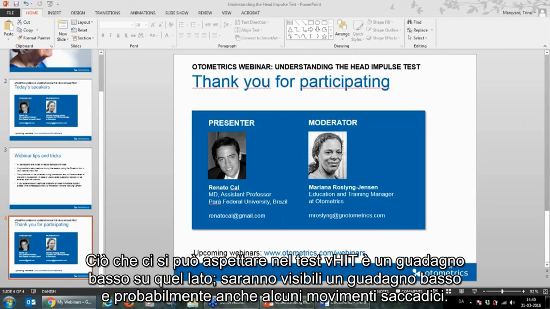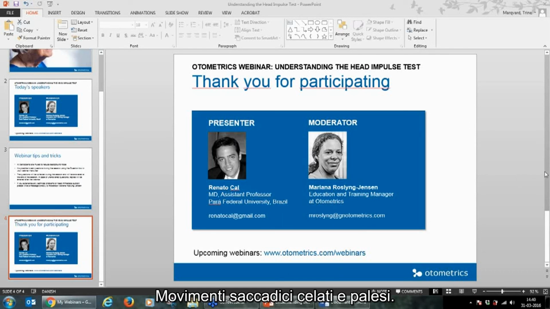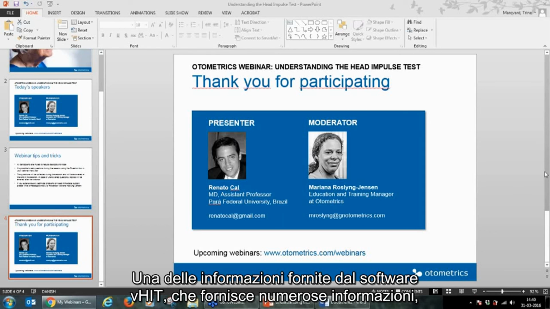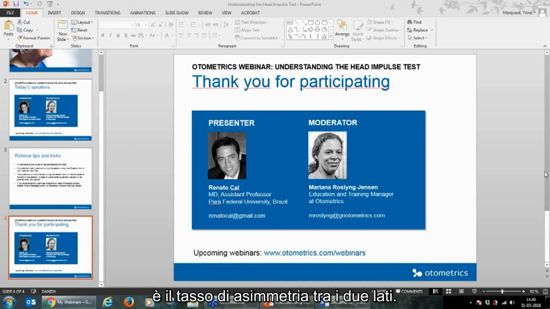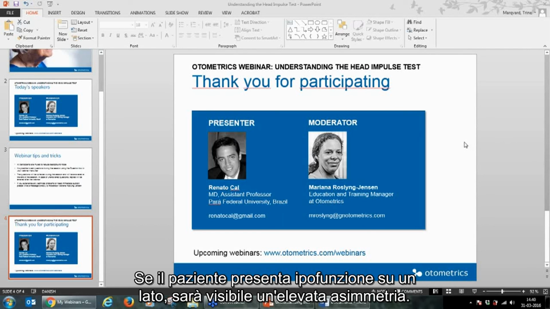And what we can expect in vHIT is a low gain on that side, and probably you're going to see some saccades, I mean, covert and overt saccades. One of the pieces of information that comes from the vHIT software, and I think that's very informative, is the asymmetry ratio between sides. So if the patient has one side hypofunction, you're going to see a huge asymmetry.